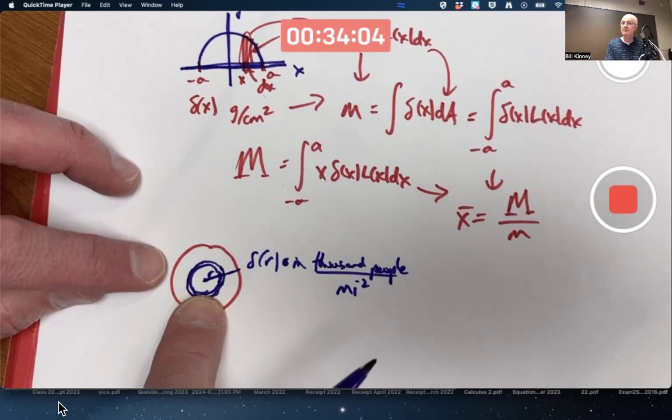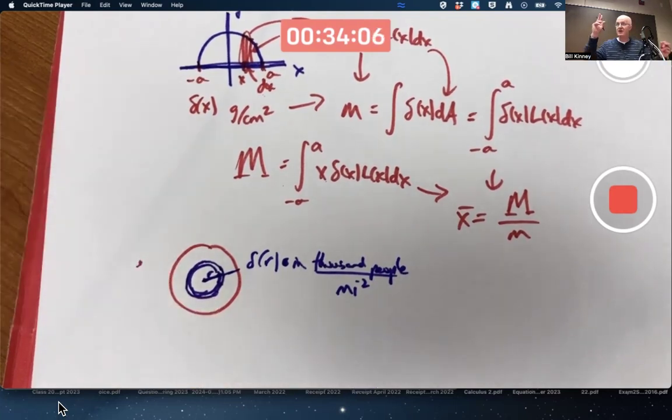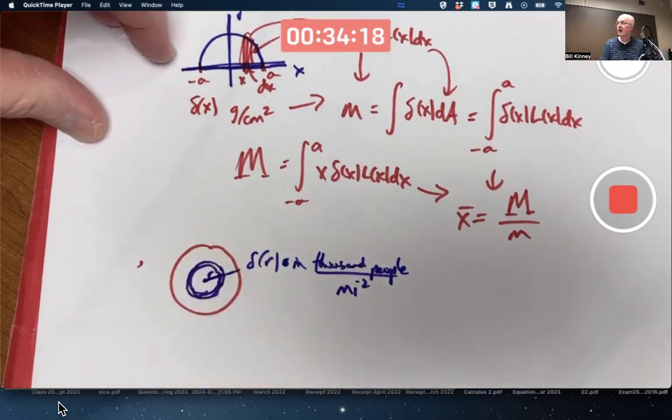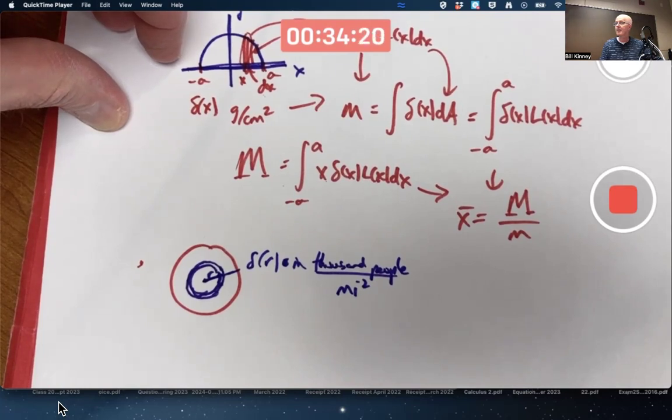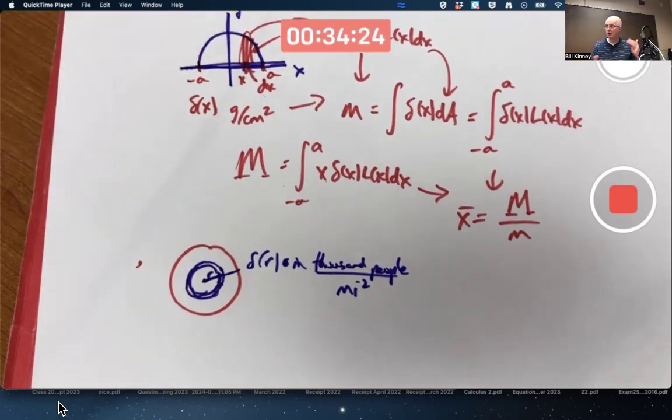Multiply the density times the small area, which would involve imagining cutting that thin ring and unrolling it so it looks almost like a rectangle of small width dr and base equal to really the circumference of the circle, 2 pi r. Add those up to get the total population. Do an integral. Should be 2 pi r delta of r is the function you integrate.